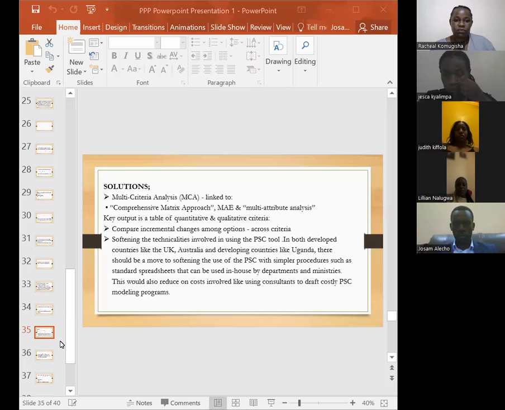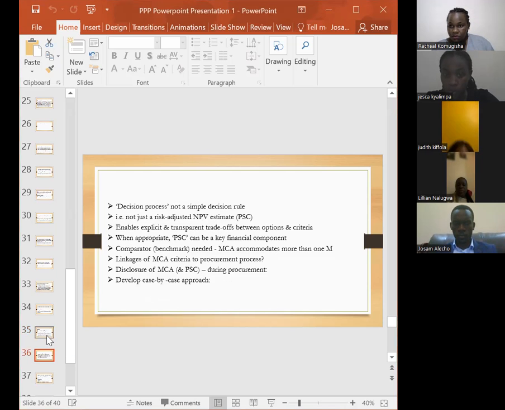Then we have transparency and accountability. That is when the government uses procedures that the citizens can easily understand and things that are easily accountable. And the other one is negotiating position.